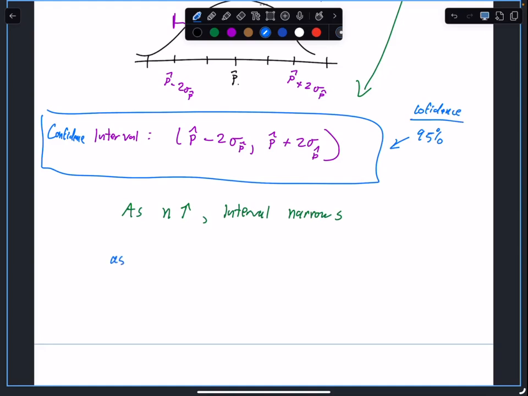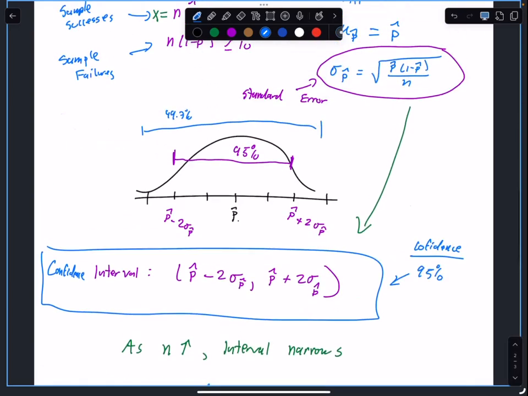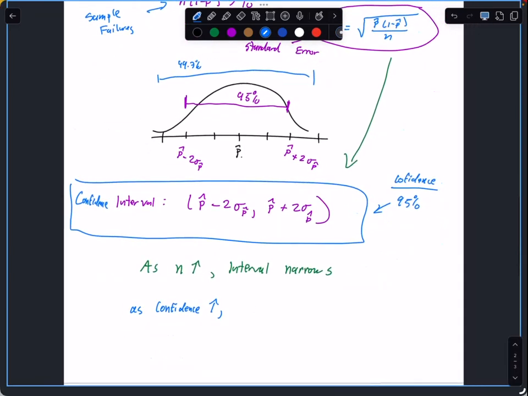So, as confidence increases, if I want to be more confident, what's going to happen to the interval that I'm going to predict? It's going to be wider. Think about this model right here. If I want more confidence, instead of being 95% confident, I want to be 99.7% confident, my net is going to get wider. My interval will widen.